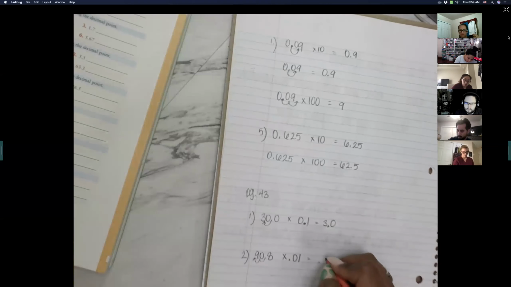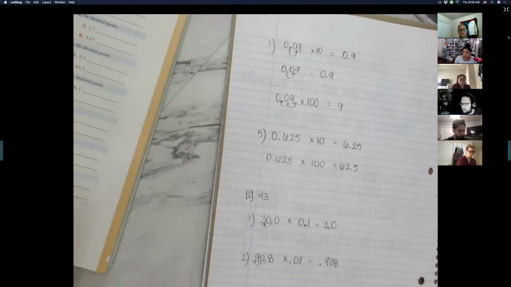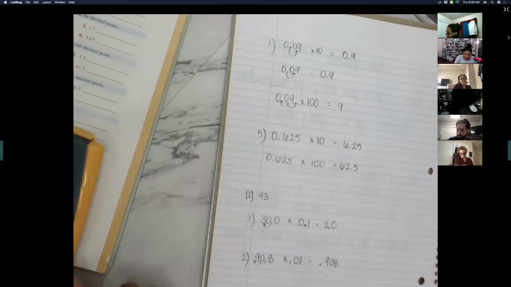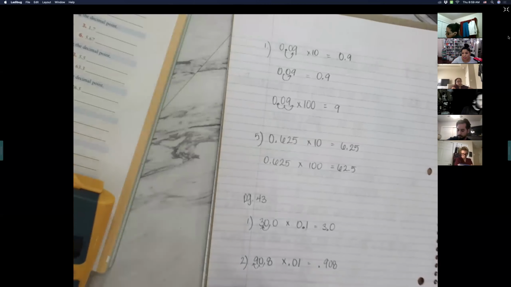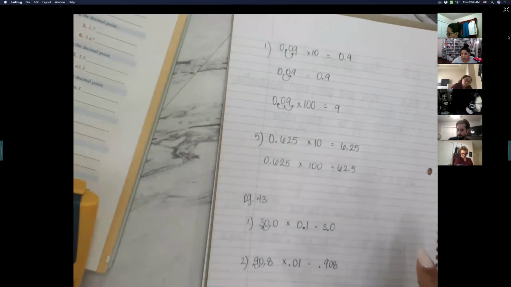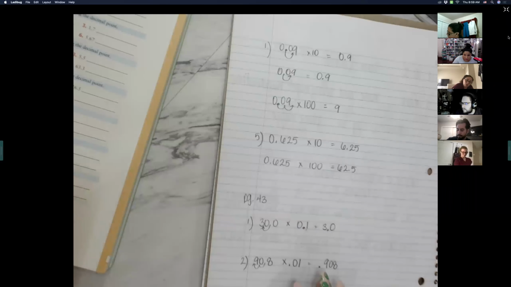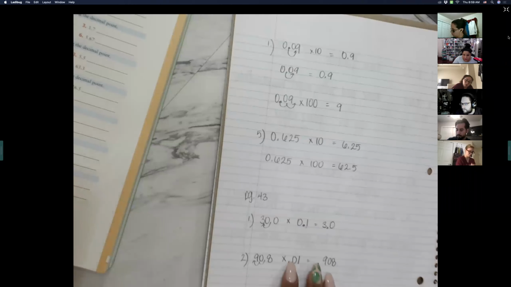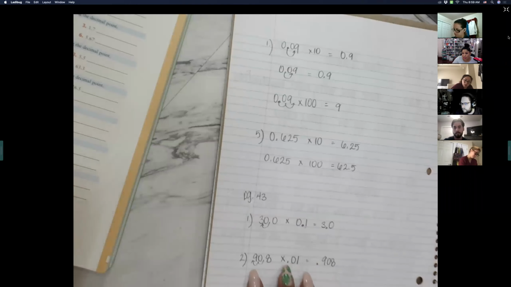So our answer is 0.908. Again, do whatever makes the most sense for you. If plugging this into the calculator is the easiest for you to not get lost, do it. If understanding how to move your decimal according to these values makes sense in your brain, do that. Okay? I don't want anyone to pick a method that's more challenging. I want you to pick the method that works for your brain. Okay?